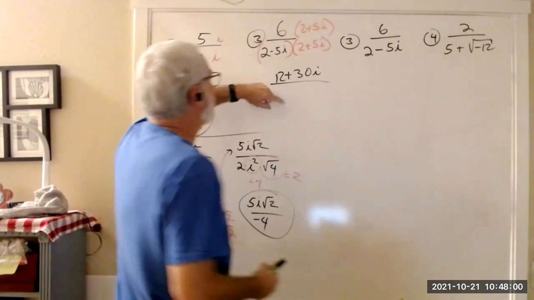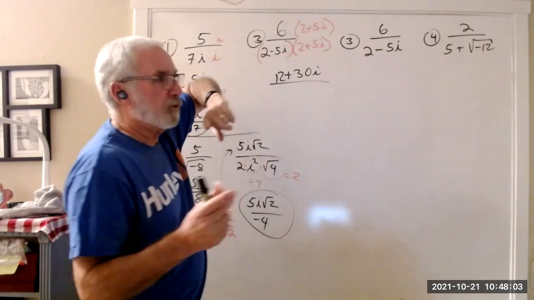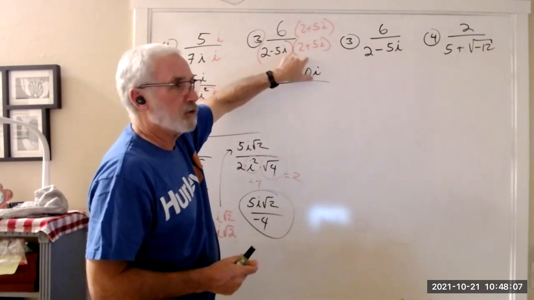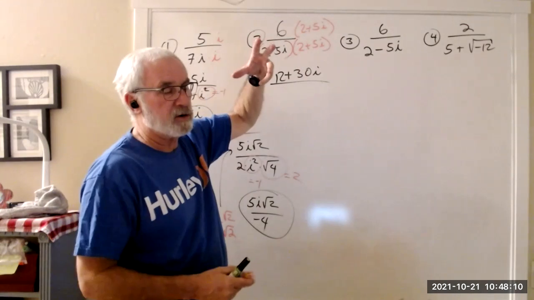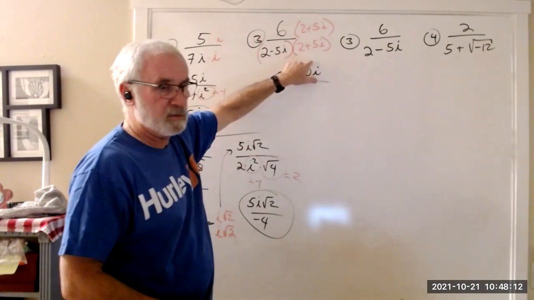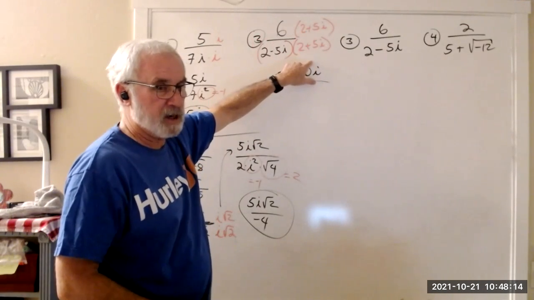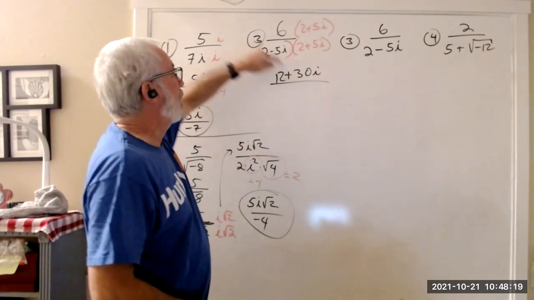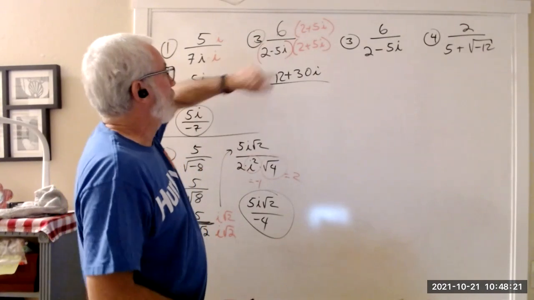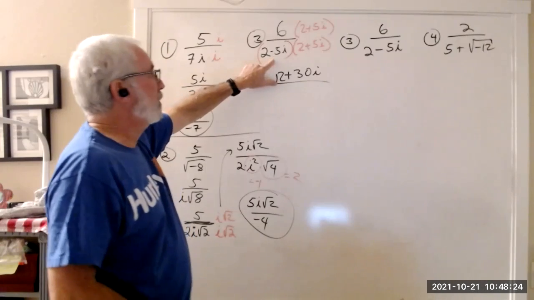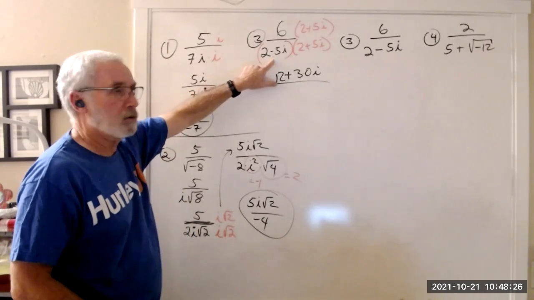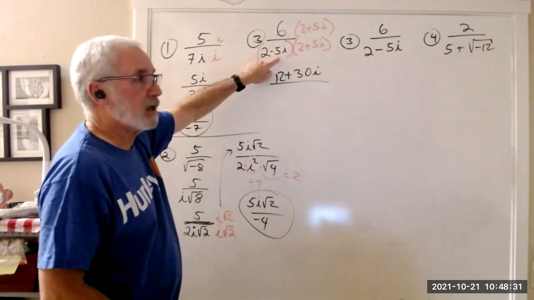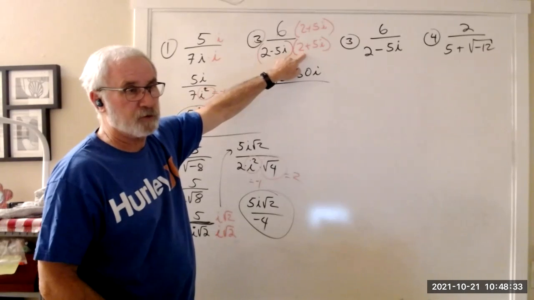First question to everybody, are you okay with how I magically pulled the 2 plus 5i out of thin air, where I got the conjugate from? Is that okay with everybody? Can you explain it one more time? When you want to get rid of a binomial, if this is 2 minus 5i, then you multiply by 2 plus 5i.